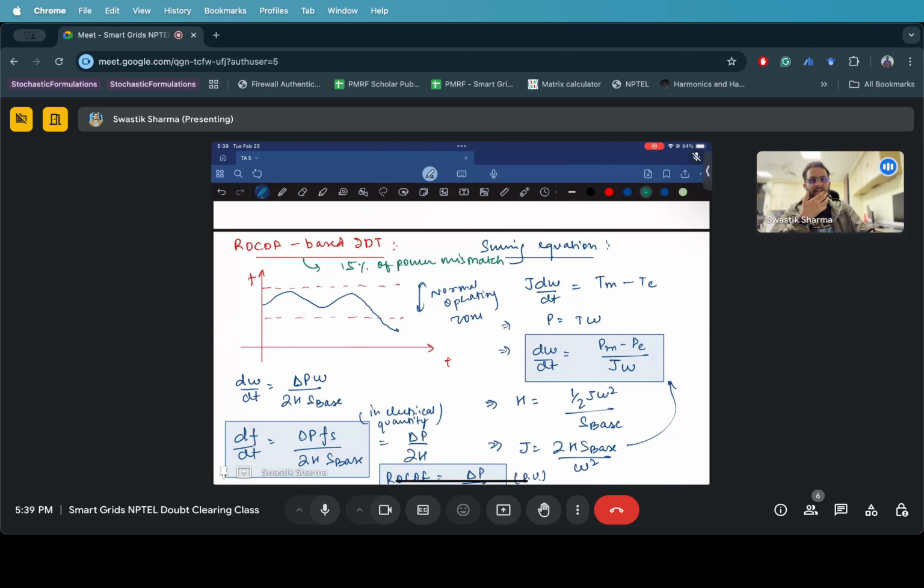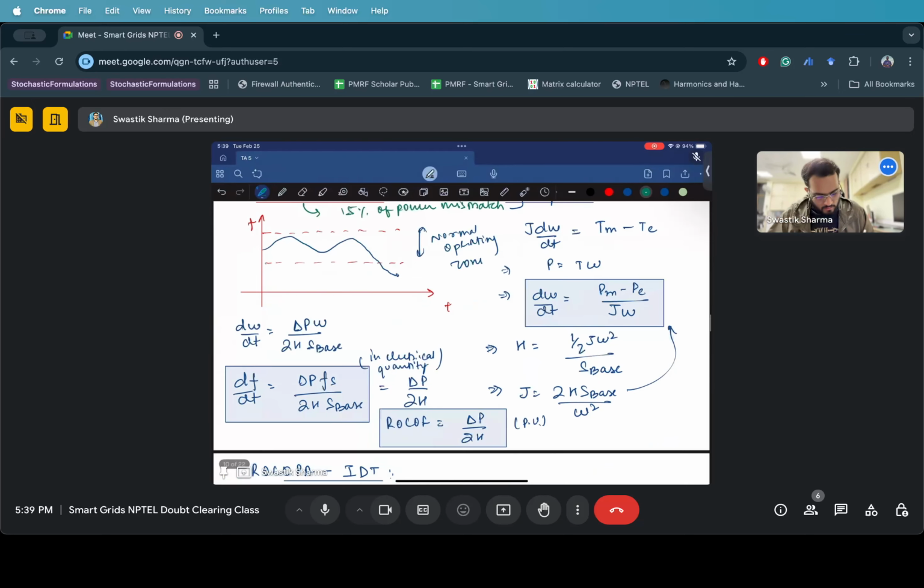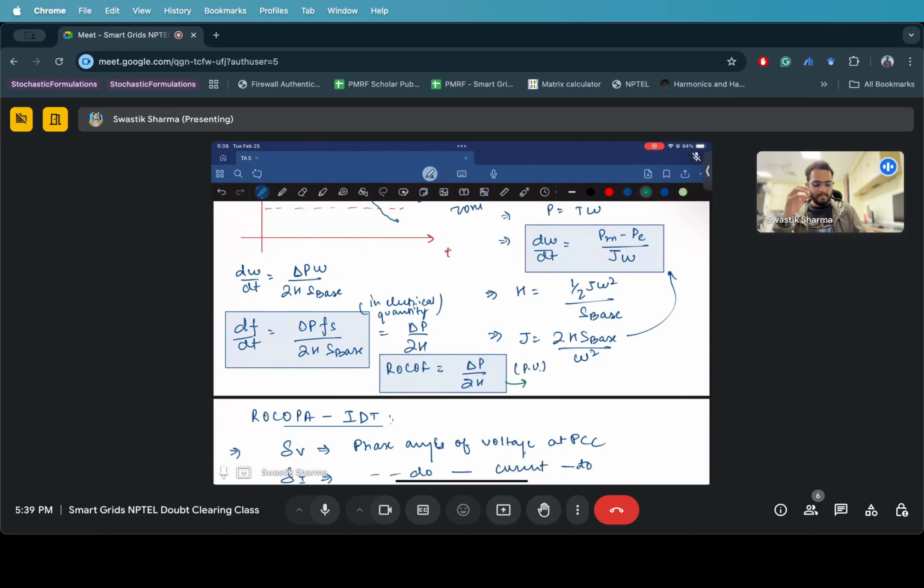Let's talk from this perspective. At a microgrid level, the generation available is solar, wind and others, right? So for them the inertia is very less, and the mismatch between active power will be huge, because they will not be able to supply the whole power at once.